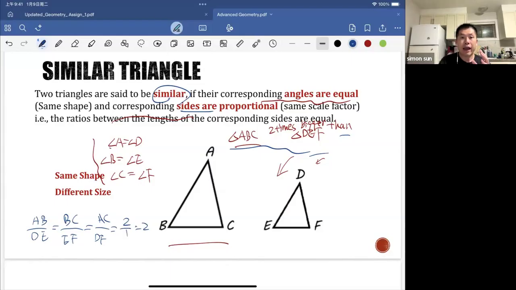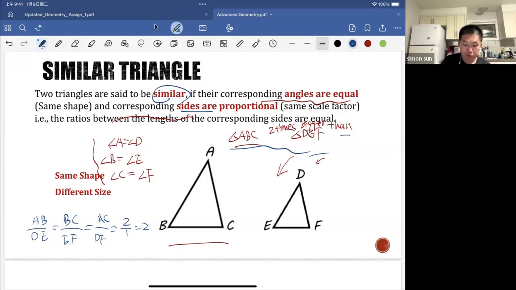Now, how do we prove two triangles are similar? We have three ways to prove that. And why do we need to prove two triangles are similar?